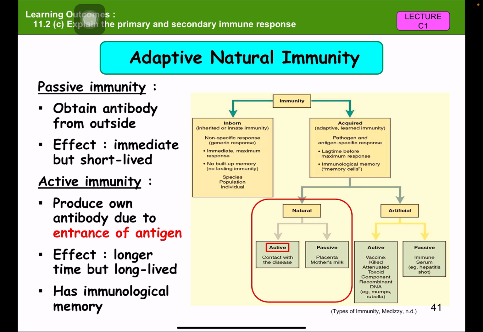Active immunity is produced by your own antibody, due to the entrance of the antigen. It takes a longer time to be effective, but it is long-lived, and it also has immunological memory.